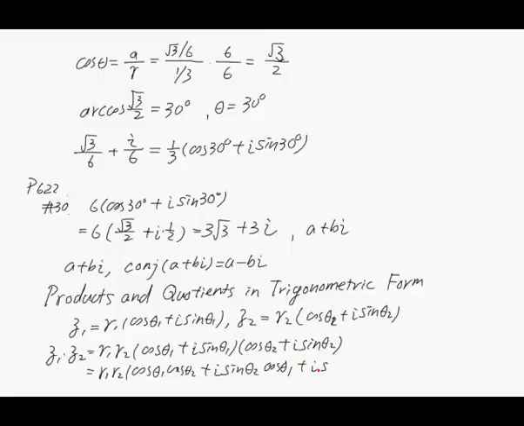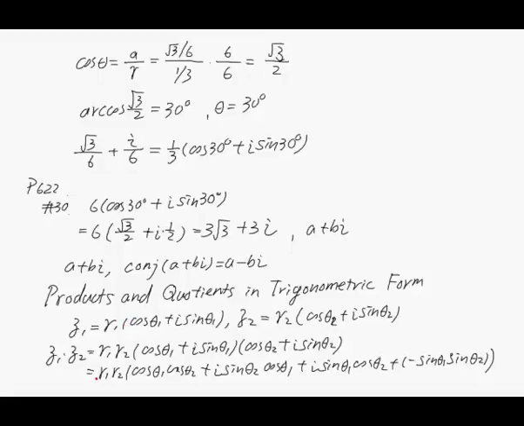Then you have I squared, which is negative 1, times sine theta 1 and sine theta 2. So you have the negative sine theta 1 times sine theta 2.